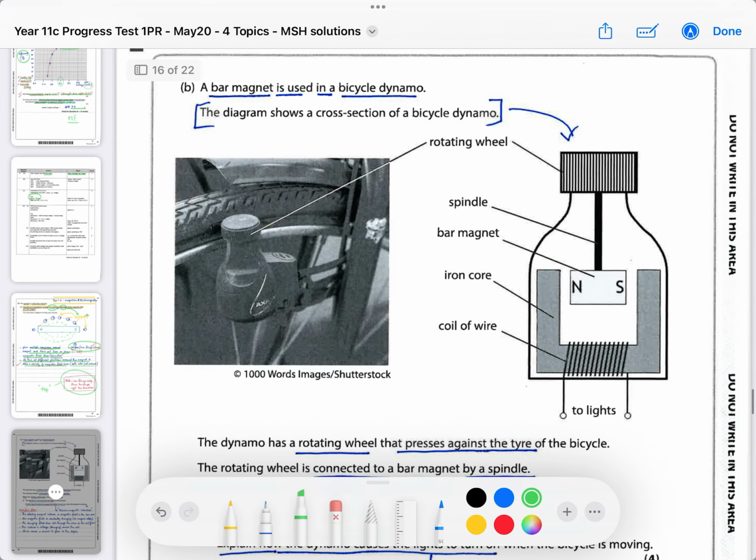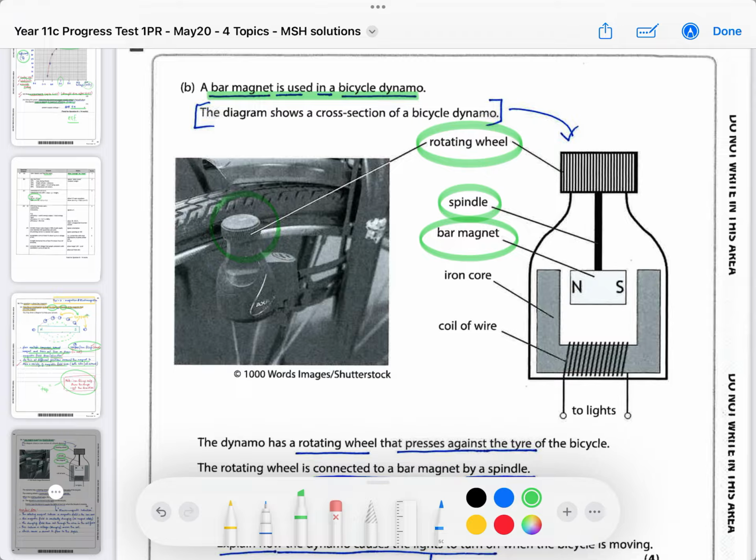Okay, then the question continues, and a bar magnet is then used in a bicycle dynamo, and this rotates if you clip it onto your bicycle tire. When you cycle, you will be able to rotate the magnet, which is connected to a spindle which attaches the rotating wheel to the bar magnet inside.